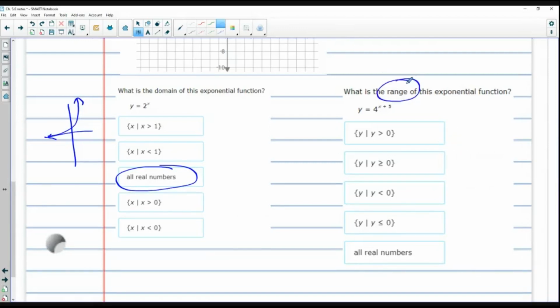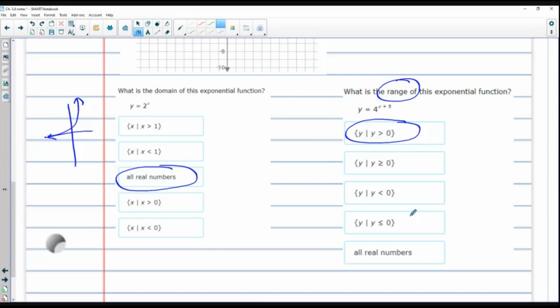We're talking about range, not domain. That's it. Yep. Very good. It has to be greater than 0. Yep. So we're going to choose this one, okay? It has to be greater than 0. Okay, not the equal to, not all real numbers, and so forth.